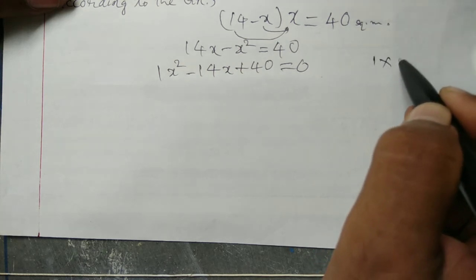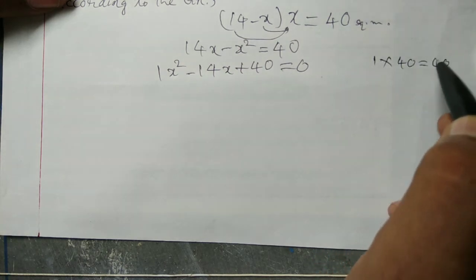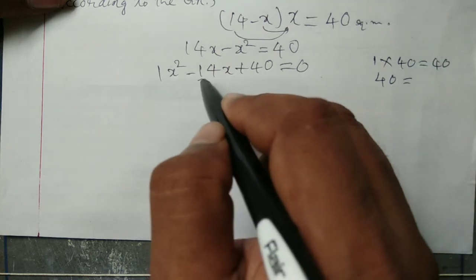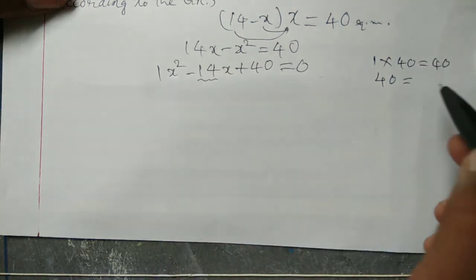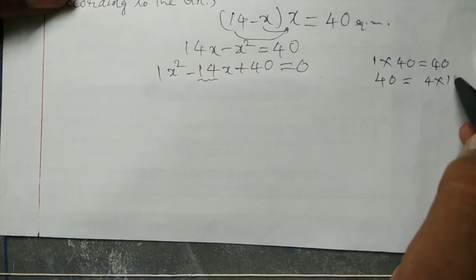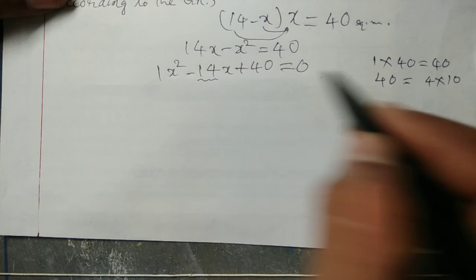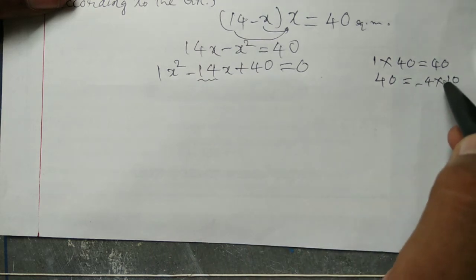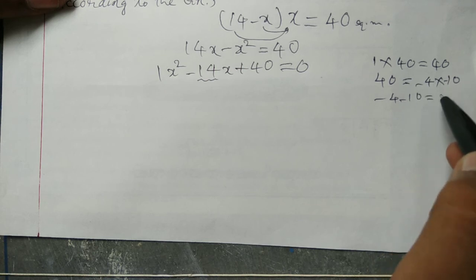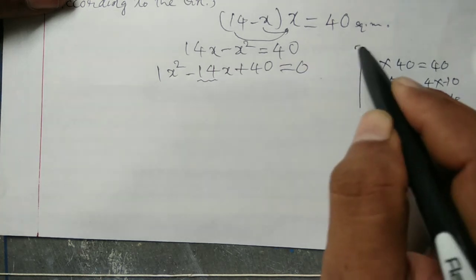1 into 40 is equal to 40. 40 is equal to, the middle term is 14, that's why 4 tens are 40, minus 14. So keep minus for these two numbers. Minus 4 minus 10 is equal to minus 14.